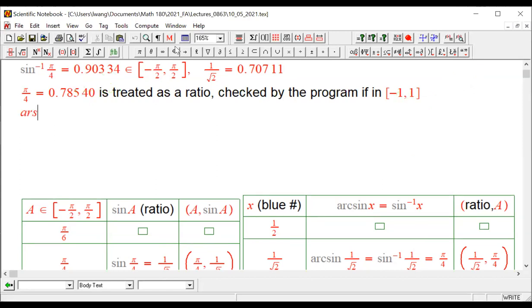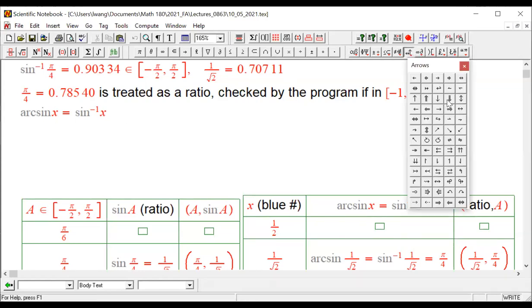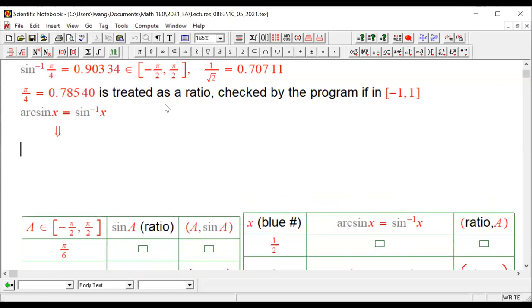When the arcsine function or sine inverse function is being called for, what will happen? The first thing the program does is to check the input.